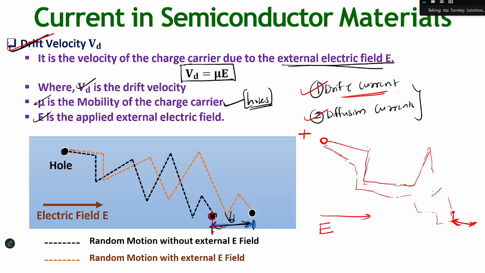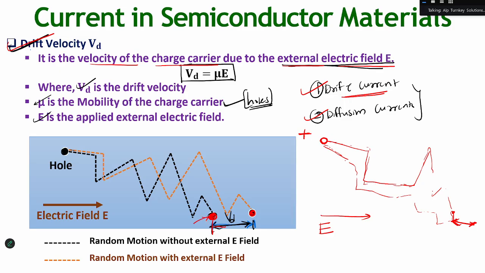This is before applying the external electric field, and this is after applying it. That difference is what we call drift velocity. Drift velocity is the velocity of the charge carrier due to the external electric field, which changes its final position.